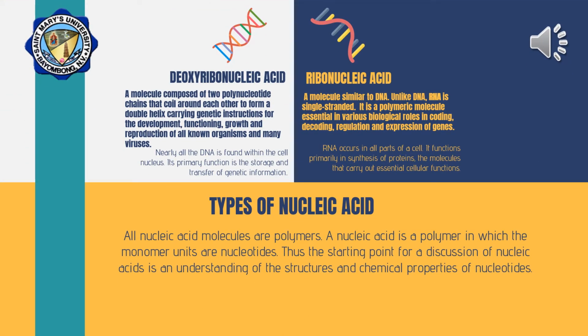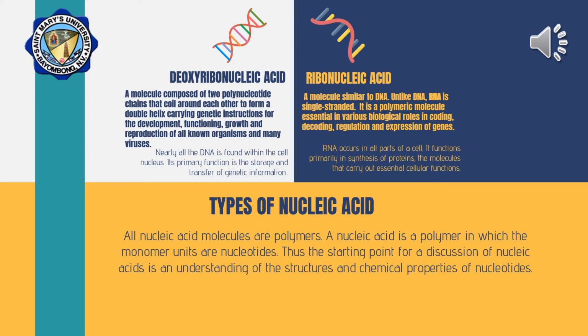A deoxyribonucleic acid is a molecule composed of two polynucleotide chains that coil around each other to form a double helix carrying genetic instructions for the development, functioning, growth, and reproduction of all known organisms and many viruses.